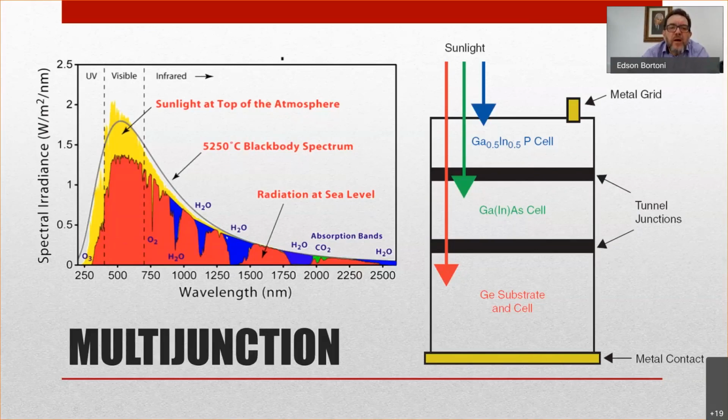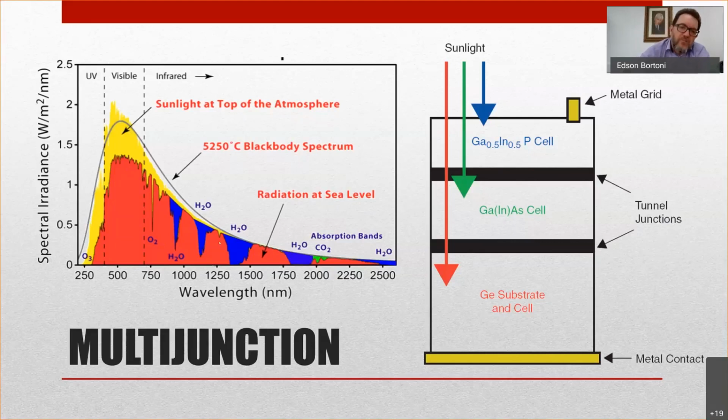There are some reductions because of the atmosphere, water, clouds. So the solar cells work better in some wavelengths than in others. You can put solar cells that work very well here, in this wavelength from 500 to 750 nanometers.